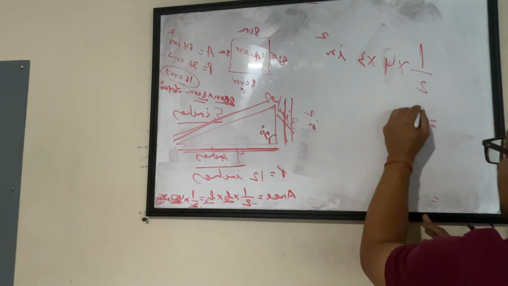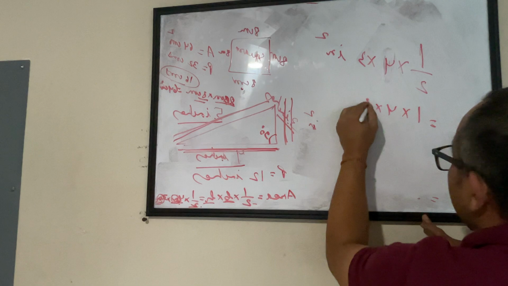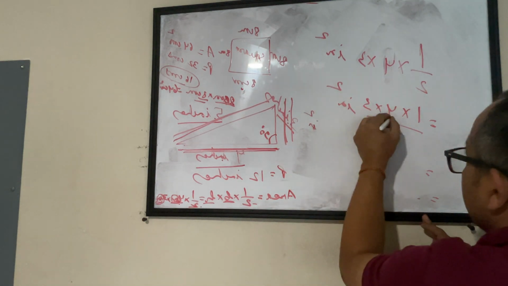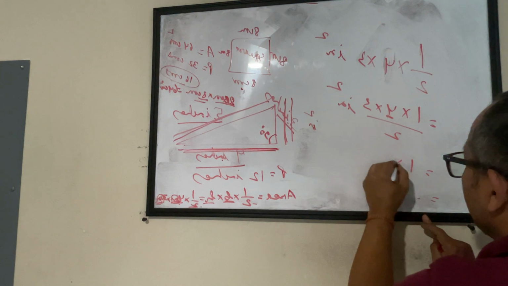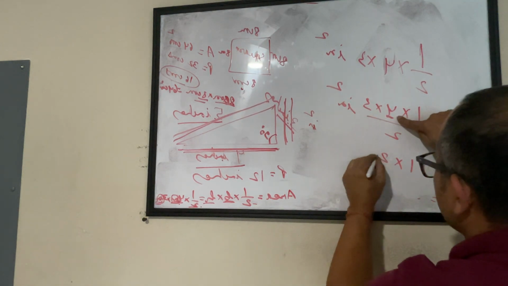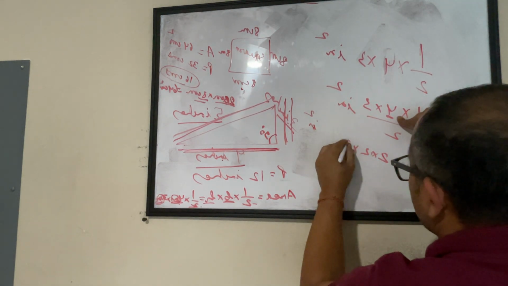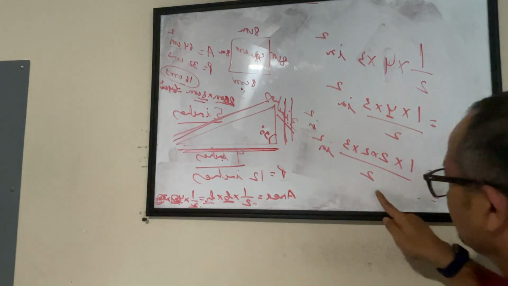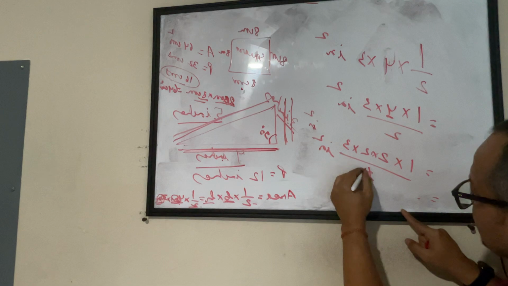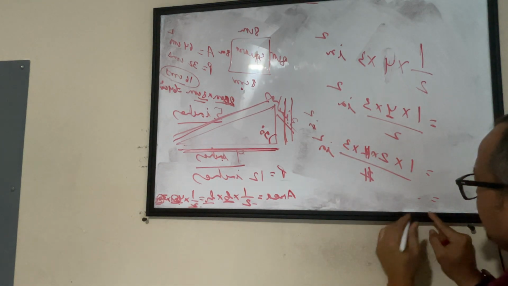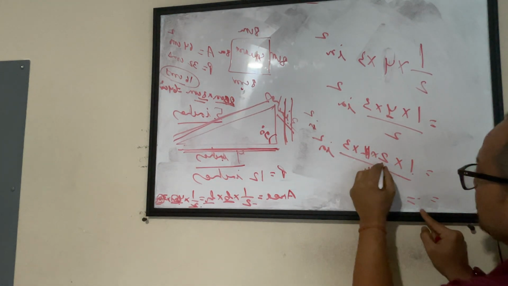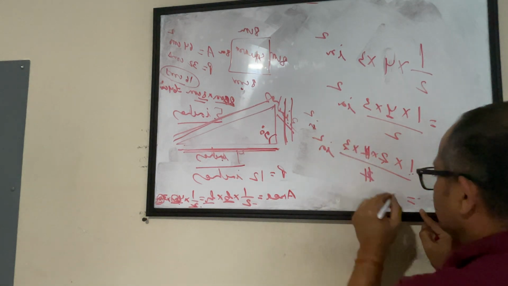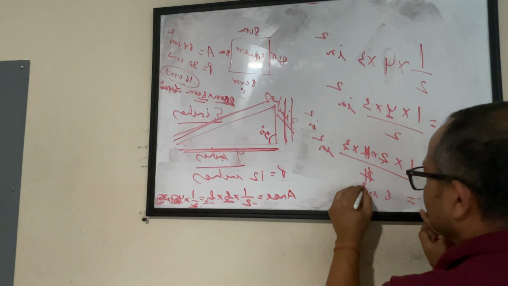Now this one will be 1 into 4 into 3 divided by 2 inches square. Or I can break it down. I can write 4 as 2 into 2 because I love tic-tac-toe. Right? So here now I have a 2, this 2 and this 2 I can do tic-tac-toe. What I am left with? 1 into 2 into 3. 1 into 2 is 2, 2 into 3 is 6. 6 inches square. Yep.